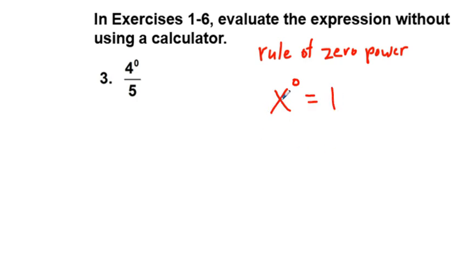You can't have x be 0. So what we have is 4 to the power of 0 over 5 equals, we have 4 to the power of 0 is 1. So we have 1/5 in fractional form, which decimalized is 0.2, which I write as 0.2.